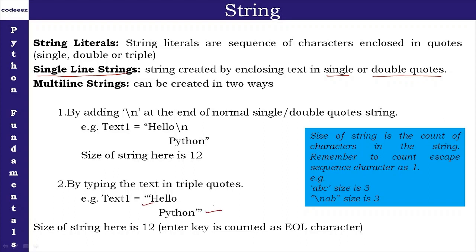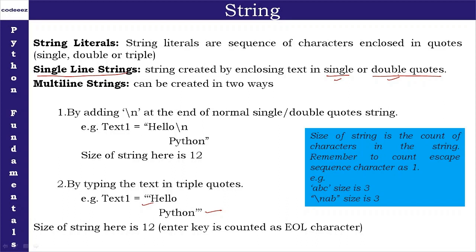Here I have written hello Python in two different lines: hello, then the enter key is pressed, and then Python. This is an example of a multi-line string, with two lines. This multi-line string can only be represented using triple quotes, right? But if only a single line is there, then we can make use of single or double quotes.